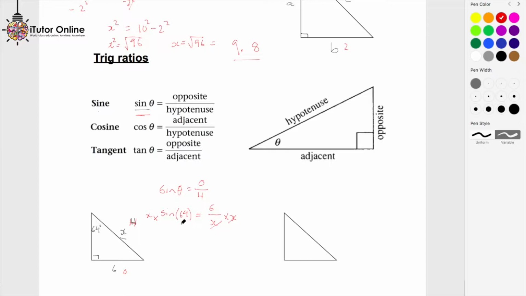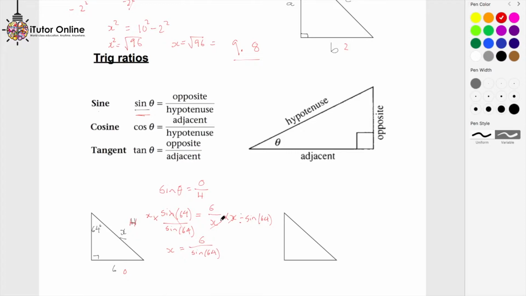Our following step now is to move the sine 64 to the right hand side, and we can do that by dividing by sine 64. What that's going to look like when we cross out our sine 64 on the left hand side is x equaling 6 divided by sine 64.